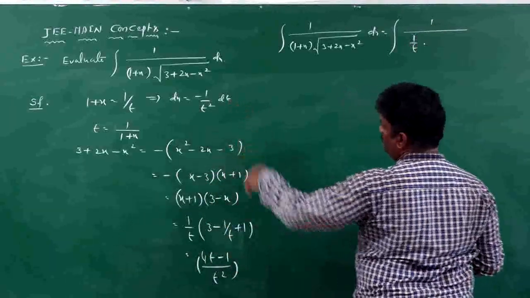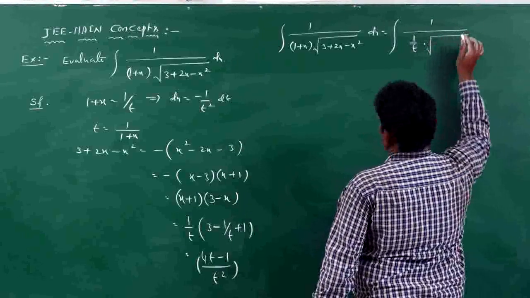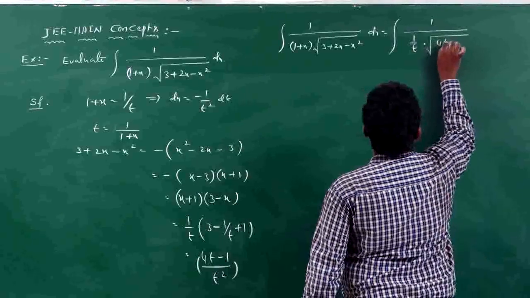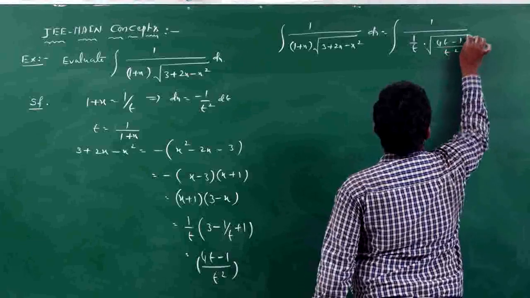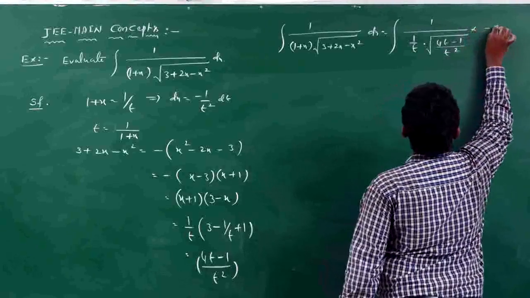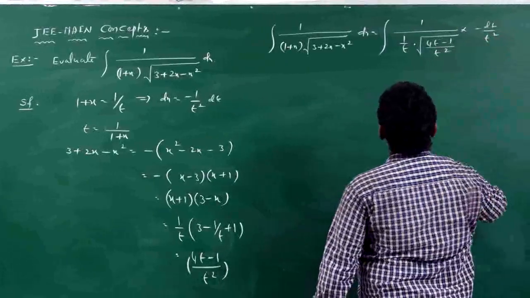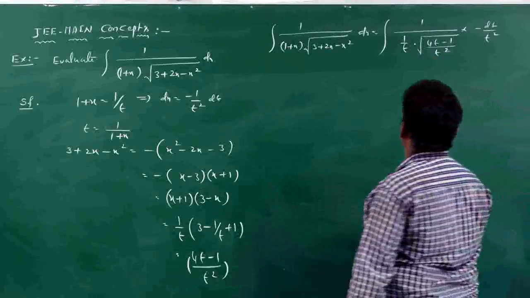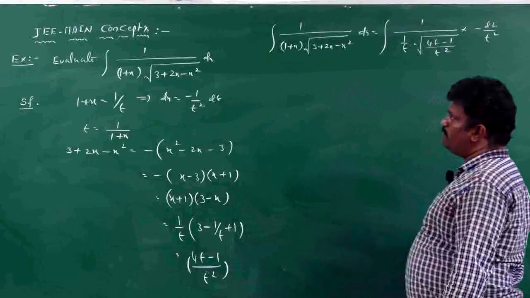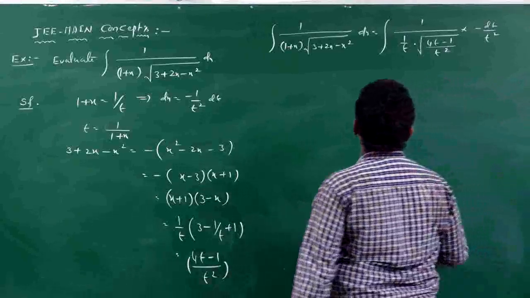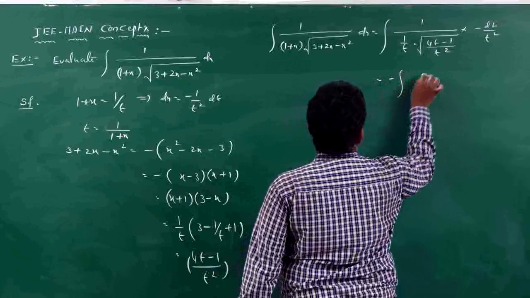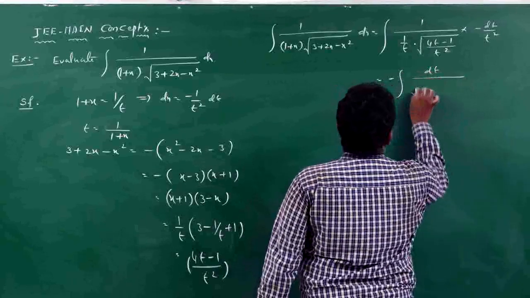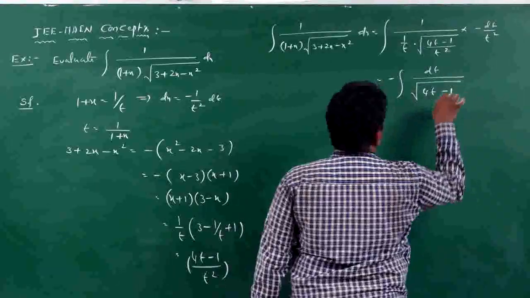Then this value is the square root of 4t minus 1 by t square, into this value minus dt by t square. Here the root of t square cancels, then t square cancels. Then finally, that is equal to minus integral dt by square root of 4t minus 1.